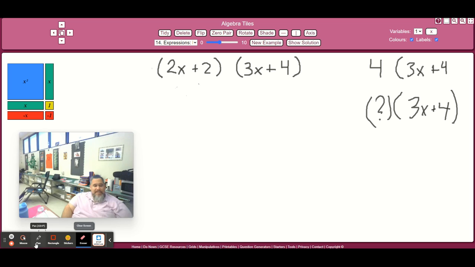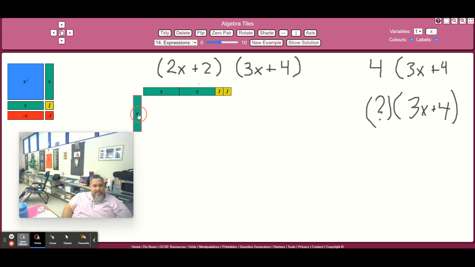Okay, so guys, what this essentially means is one of these is our headings going across. So we'll use 2x plus 2. It doesn't matter which one is your length and which one is your width, but we'll make 2x plus 2 our length, and then we'll make 3x.